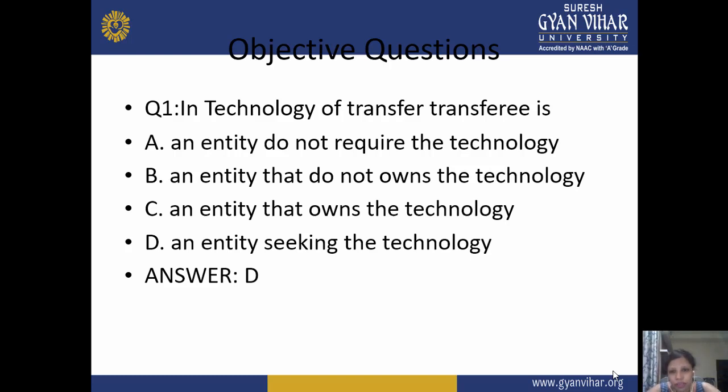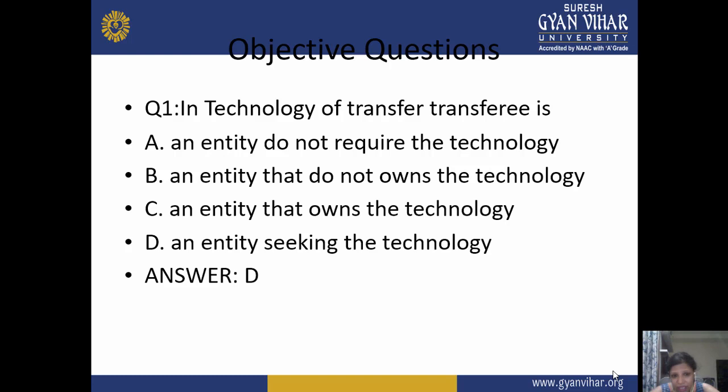Technology of transferee is... Who is the transferee? We have discussed there are two: one is transferer, one is transferee. An entity that owns the technology, or an entity that's seeking the technology.